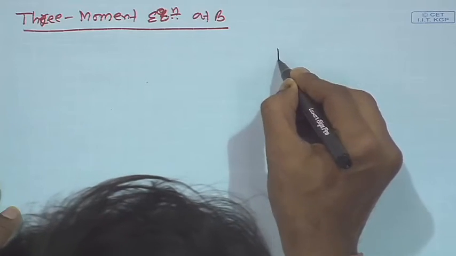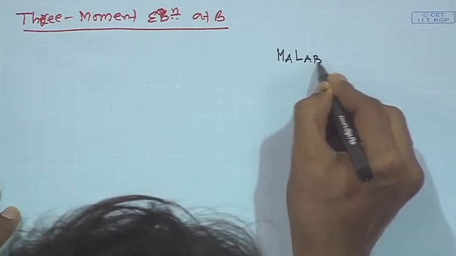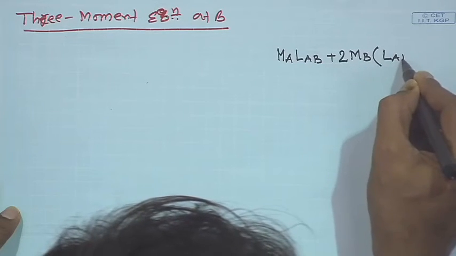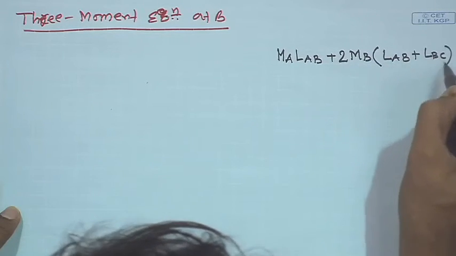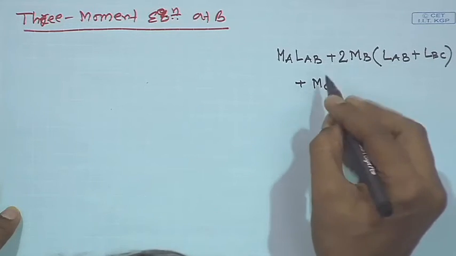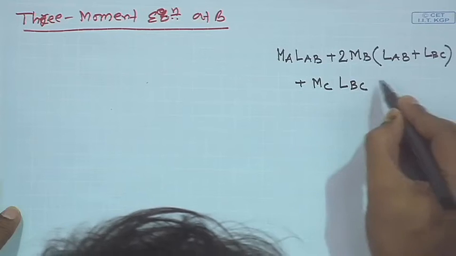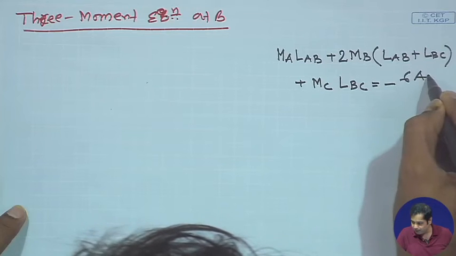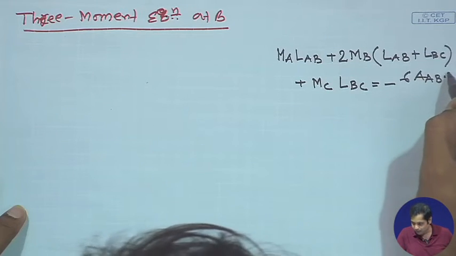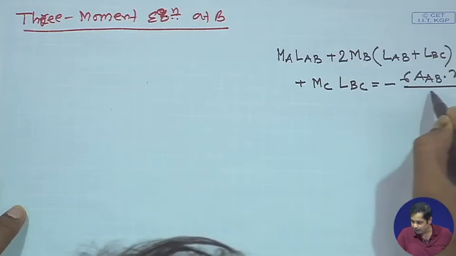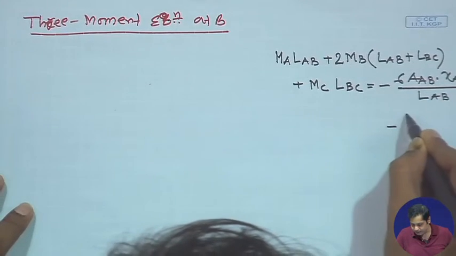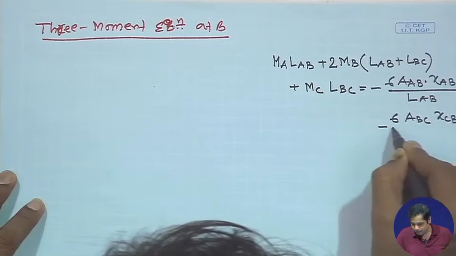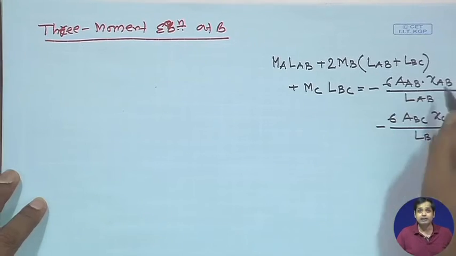This expression becomes MA LAB plus 2 MB into LAB plus LBC plus MC LBC is equal to minus 6 AB into XAB by LAB minus 6 ABC into XCB by LBC. This is the 3 moment equation.